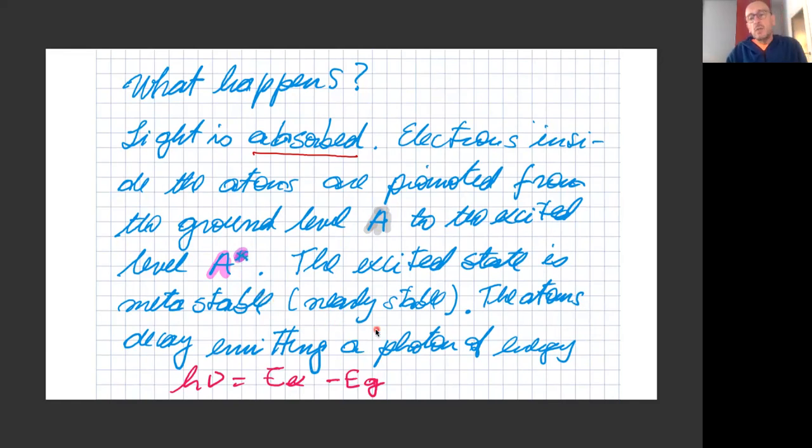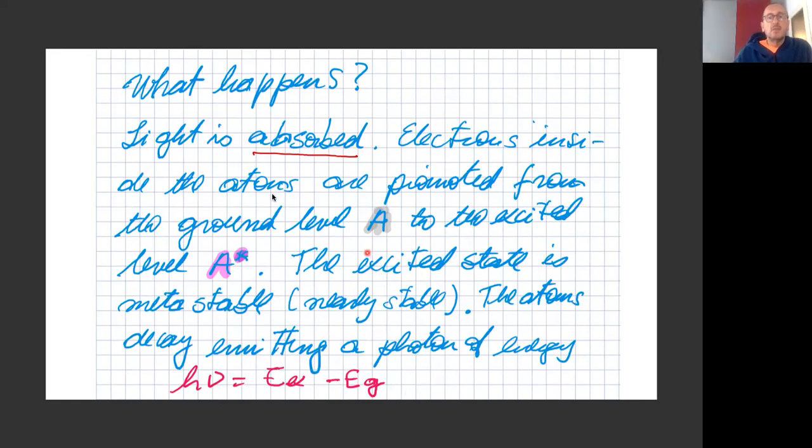And how will they decay? Well, the atoms decay by emitting a photon of energy equal to the difference in energy between the excited state and the ground state. So we send in radiation that lifts the atoms up, and then we let them be there for a very short time, and then they decay.